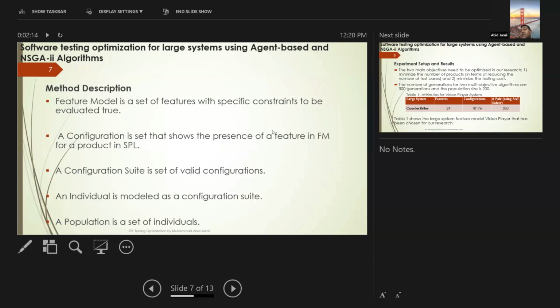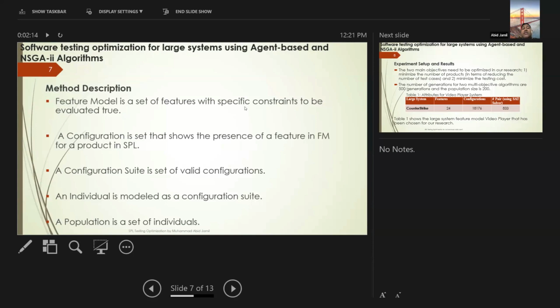Then we make a population set from these individuals. As I said in the beginning, we are going to optimize the testing process, which means we are going to reduce the number of test cases.